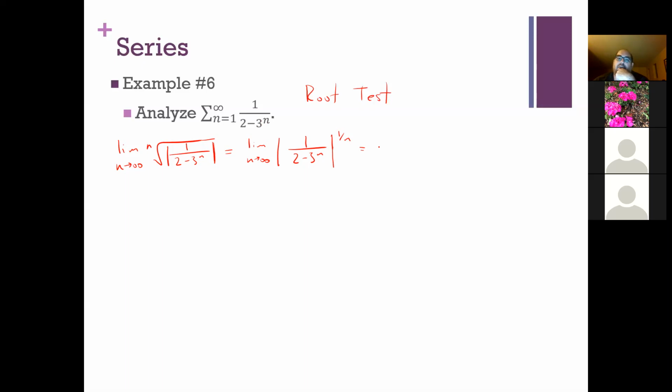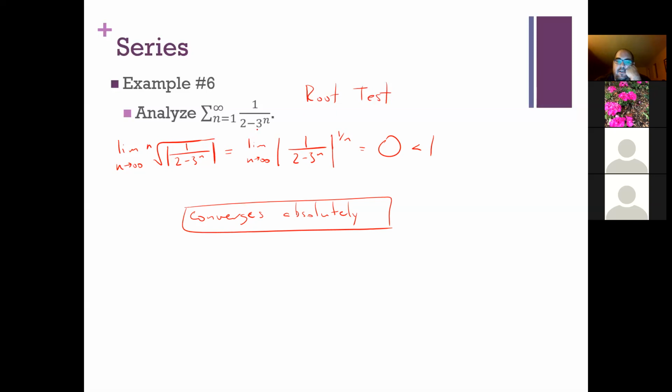So then this is going to go to 0. So this one also converges absolutely. Which I'm guessing some of you probably suspected, since my numerator is constant and my denominator is getting further and further from 0. It's actually getting smaller and smaller without bound.